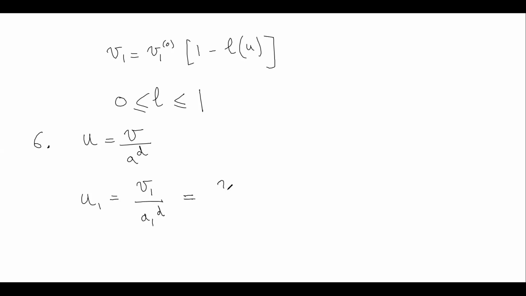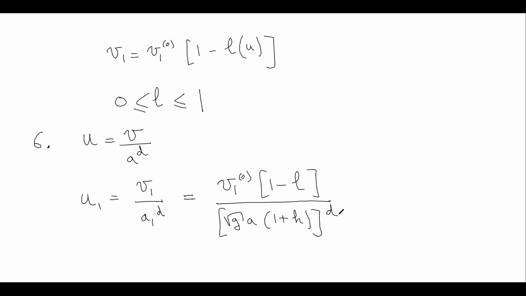And so we end up with V10 times (1 minus L over A1 was square root of G A)... 1 plus H, everything to the power D. And V10, remember, is G squared times V, as we explained before.